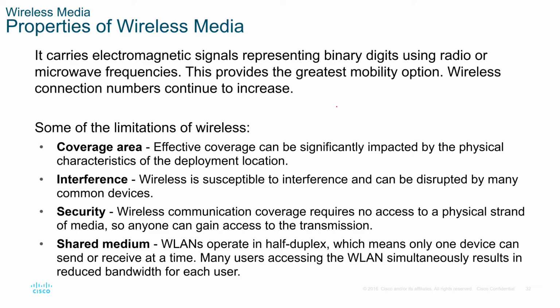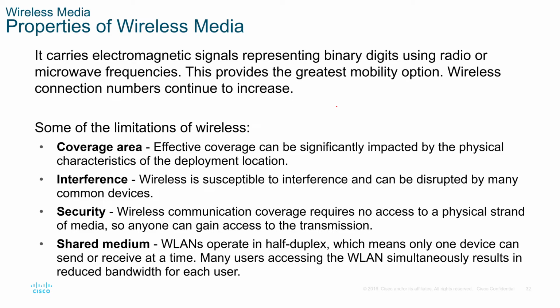To try to wire this with traditional copper would be very expensive because we would have to drill through the stone. So wireless is very popular in this type of building.